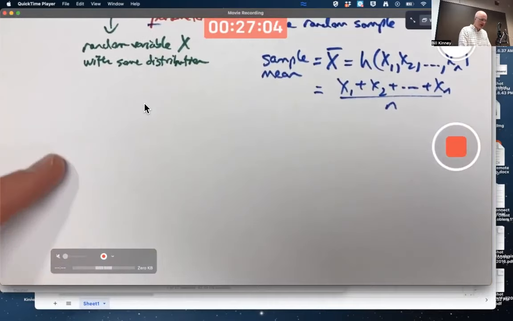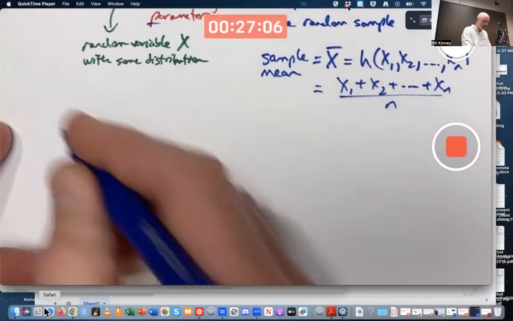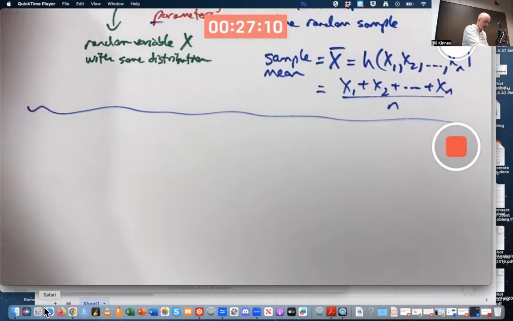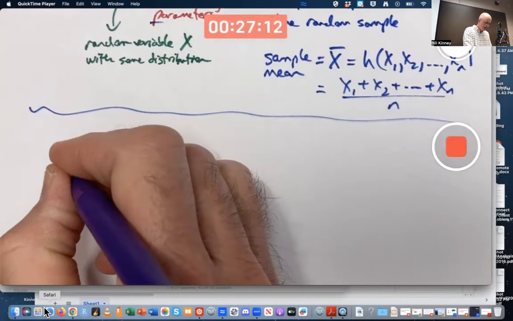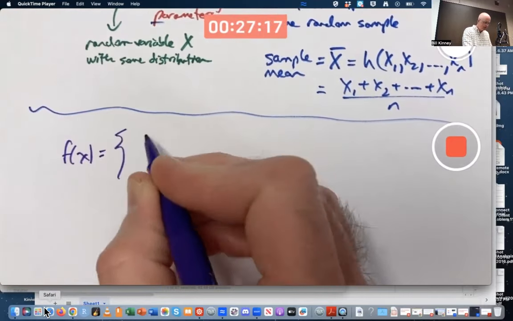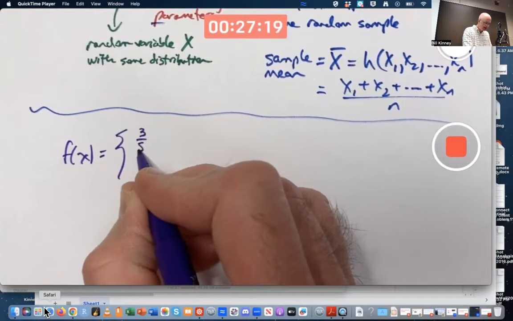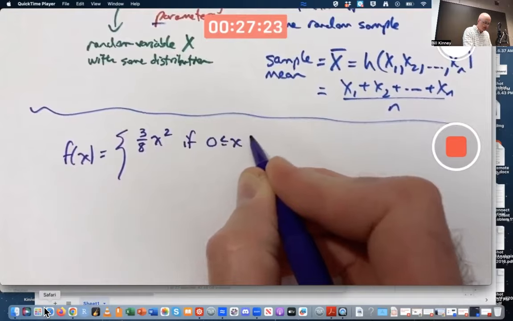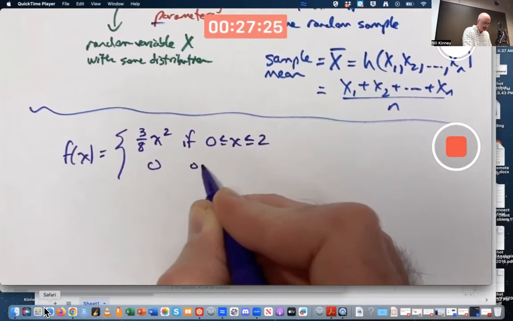So effectively, we're thinking of this as our very own little distribution that we feel like thinking about. The c ended up being 3/8. So it's 3/8 x squared if x is between 0 and 2 and 0 otherwise.